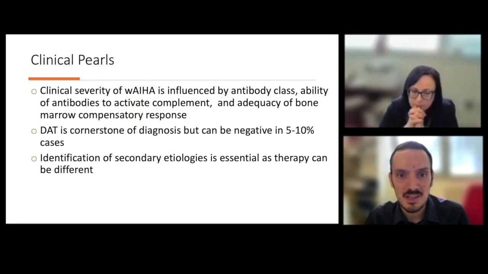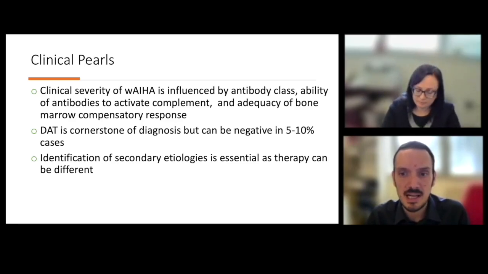So to conclude, the clinical severity of warm autoimmune hemolytic anemia is influenced by autoantibody class, ability of antibodies to activate complement, and adequacy of bone marrow compensatory response.